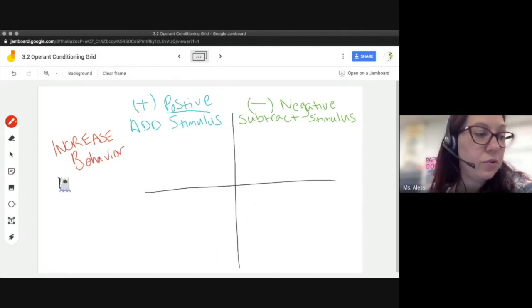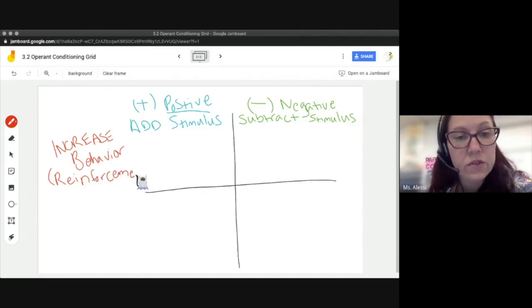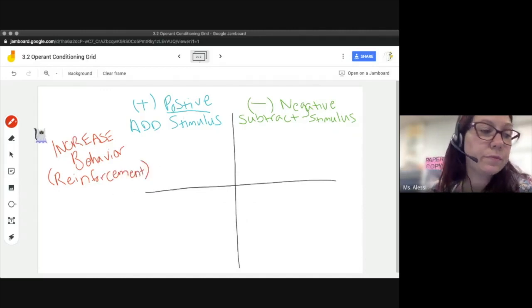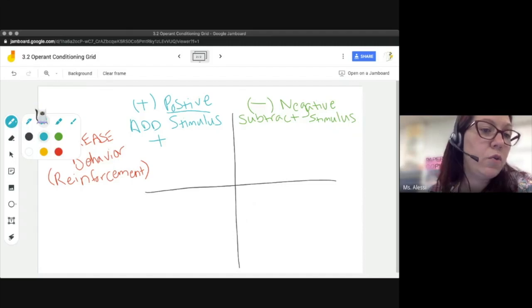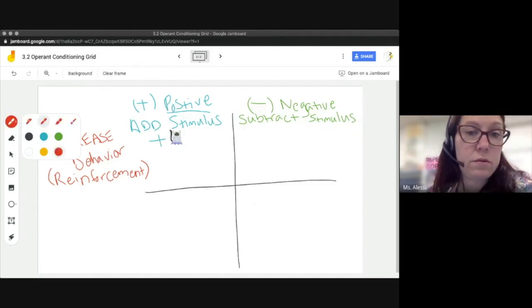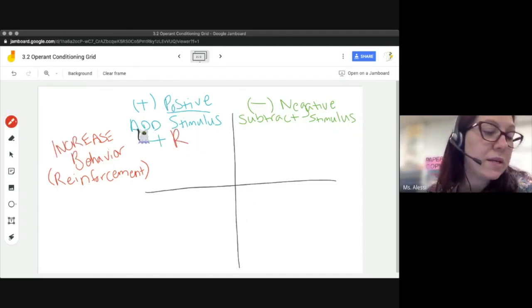I'm going to reinforce it, right? I'm going to make it stronger. So I'm making this behavior stronger. So I'm going to reinforce it. This then becomes positive reinforcement. All right, so positive reinforcement.